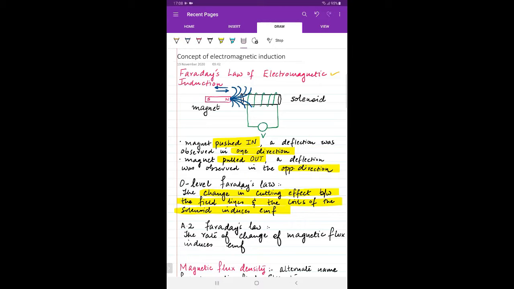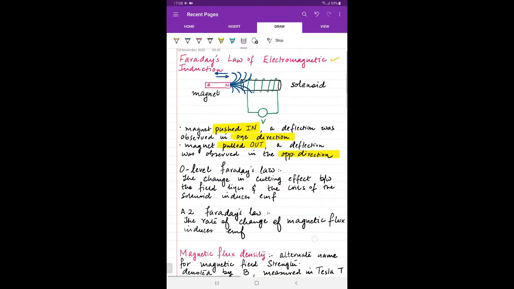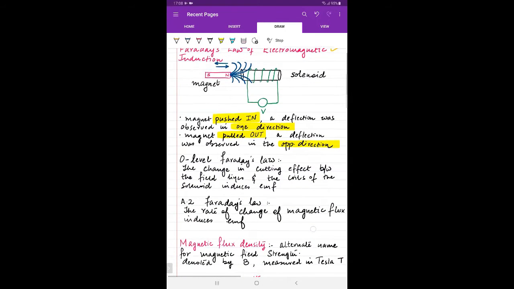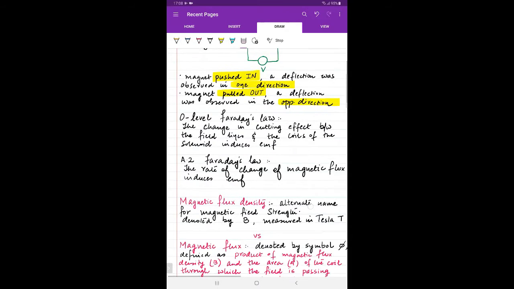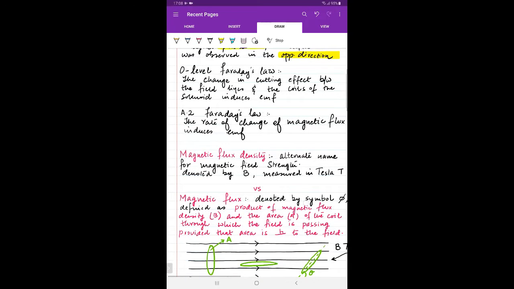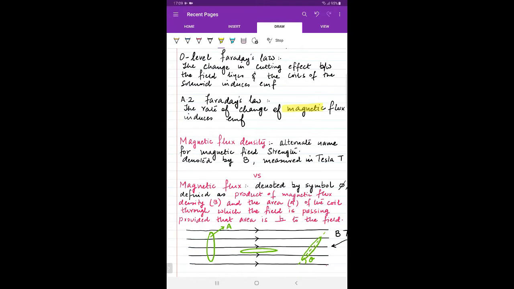Now, extending this idea further, in A2 we adapt this wording a little. In A levels, the same Faraday's law is represented in a slightly modified version. The wording becomes: the rate of change of magnetic flux induces EMF in the circuit.